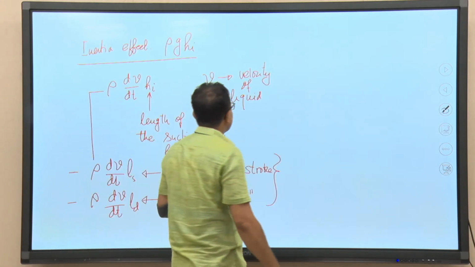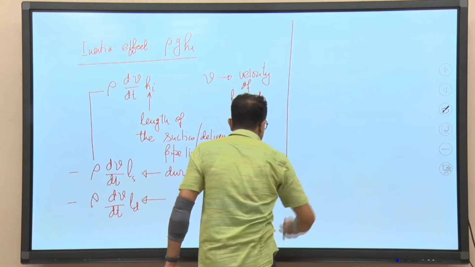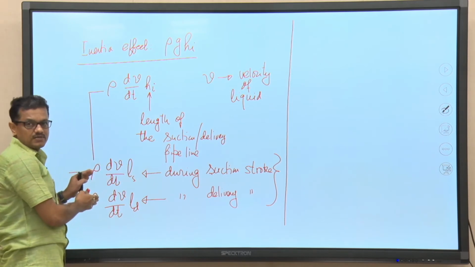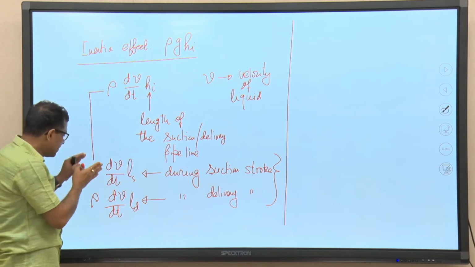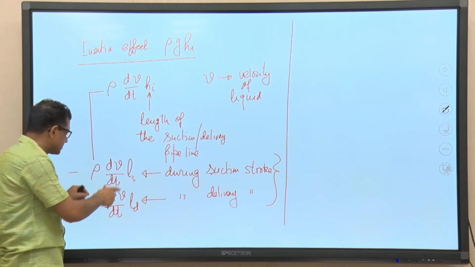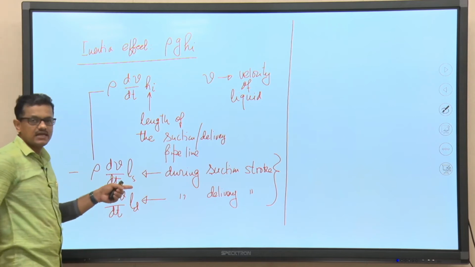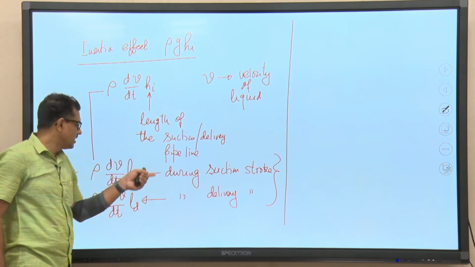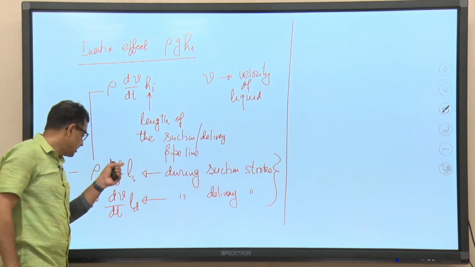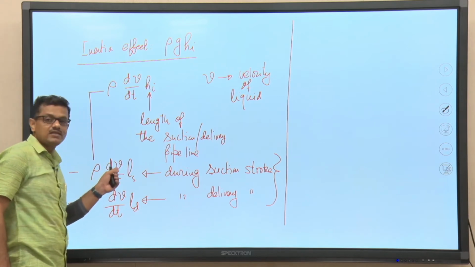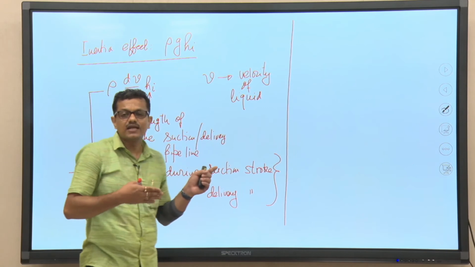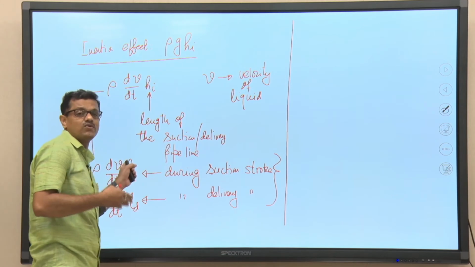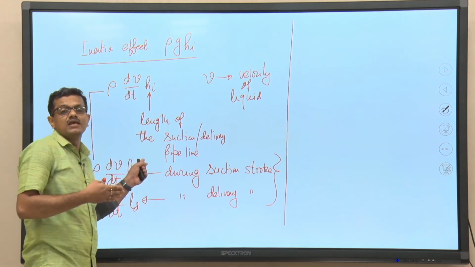Having established these two expressions, rho dV/dt Ls and rho dV/dt Ld, the additional pressure involved with the acceleration and deceleration effect of the piston can be calculated. Here V is the velocity of the liquid, and we can calculate it, because the velocity of the liquid in the pipeline will depend on the velocity of the piston.